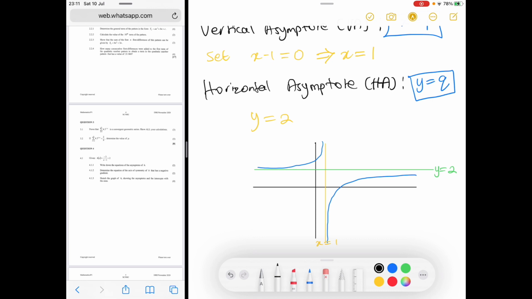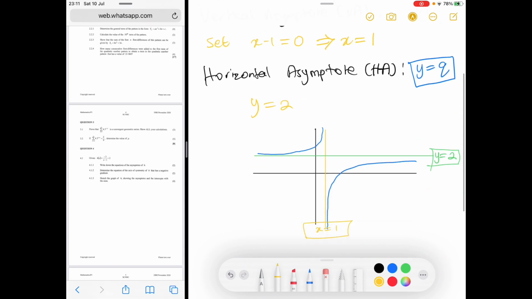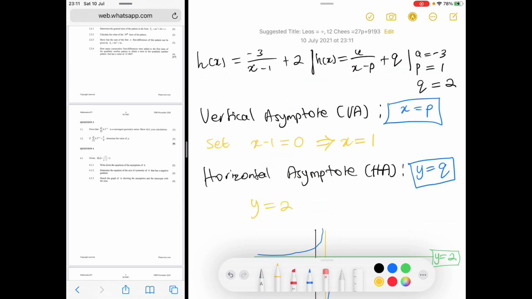So, just like we saw on the graphing calculator, this is what our graph looks like. The orange line is our vertical asymptote, x is equal to 1. The green line is our horizontal asymptote, y is equal to 2. Now, why does this make sense? Let's start with the vertical asymptote. At the point x is equal to 1, the graph is undefined.